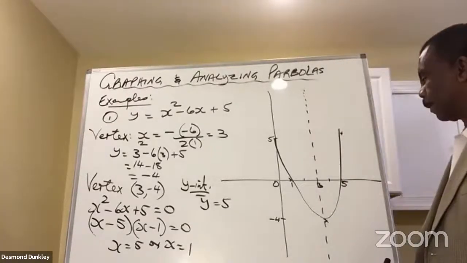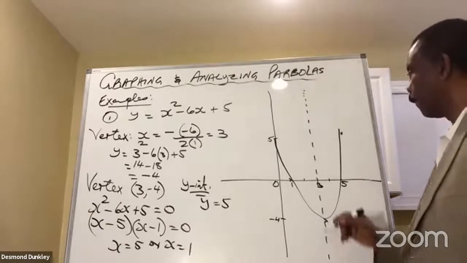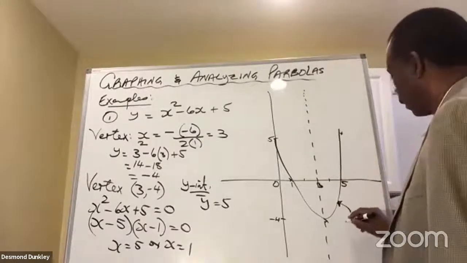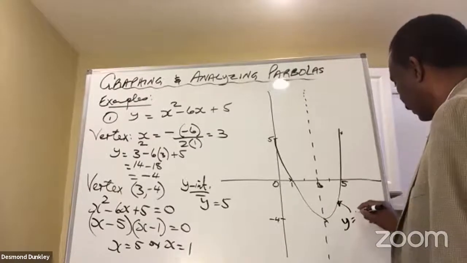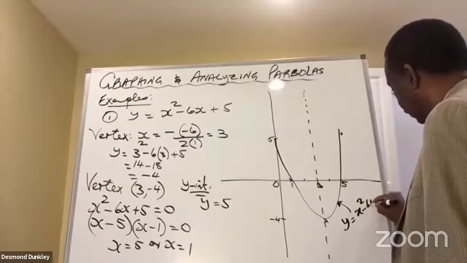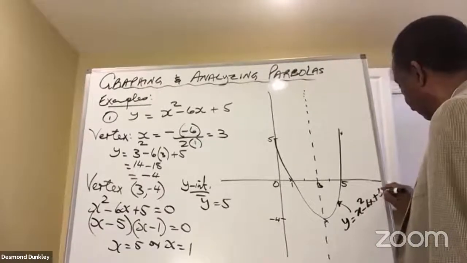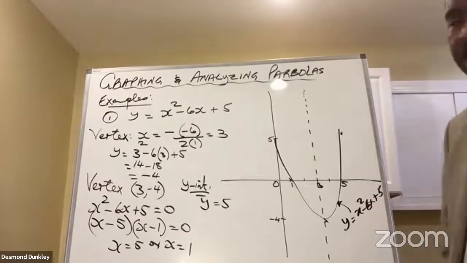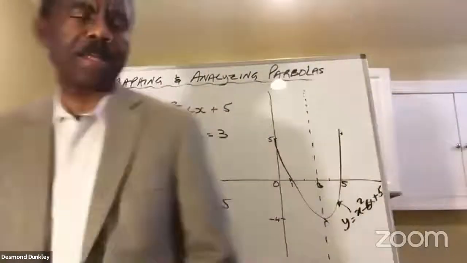Okay, so this is your graph of y equal to x squared minus 6x plus 5. Okay, so that's one. Let's do another.